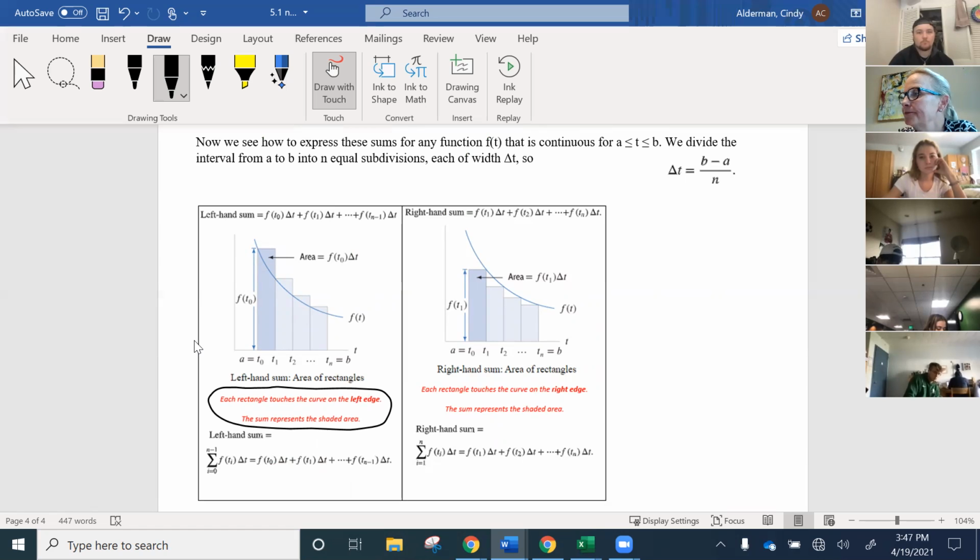Lower or upper? Is it more than the curve or less than the curve? Upper. Thank you. Yes, this is an upper estimate, because the rectangles are above the curve, right? The one on the right side is an underestimate, or what do we call it? Lower.